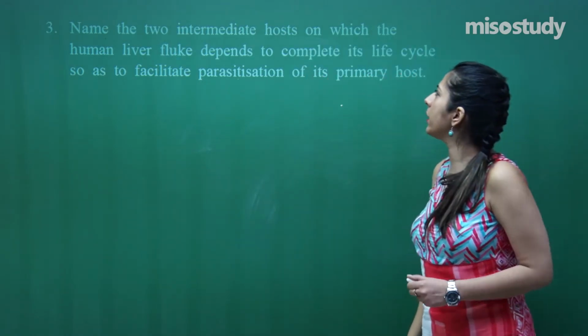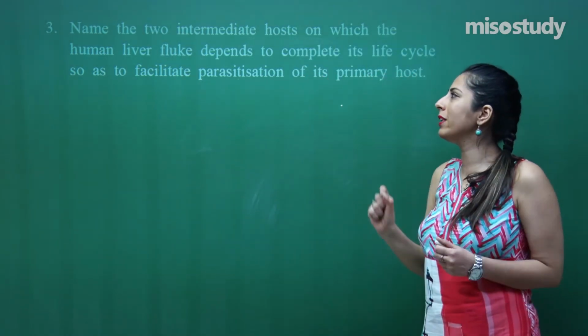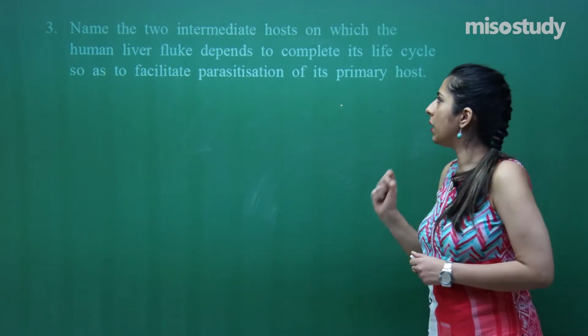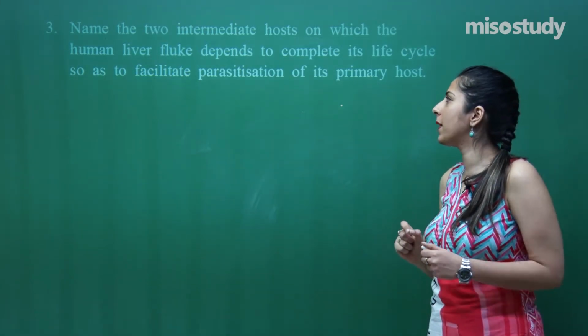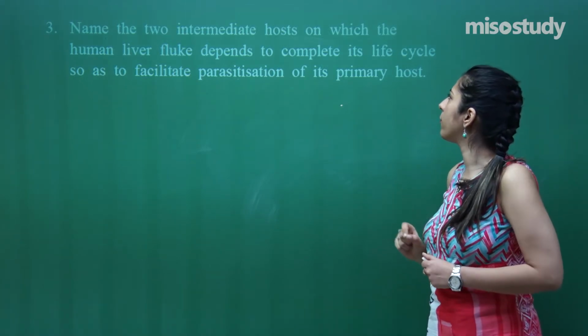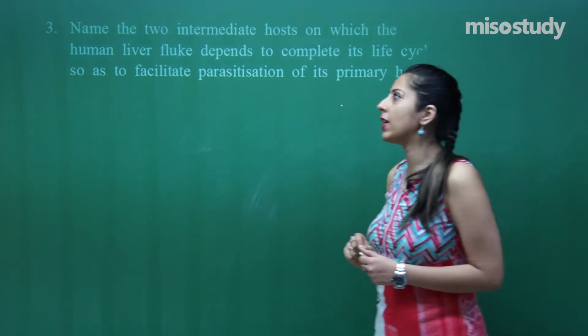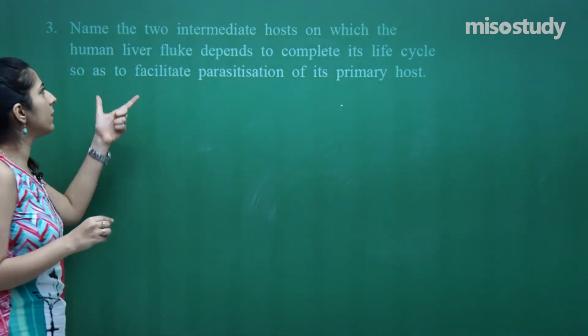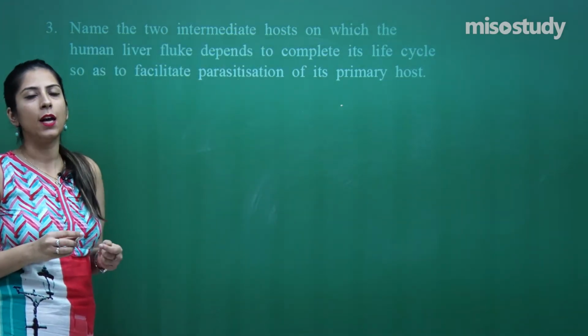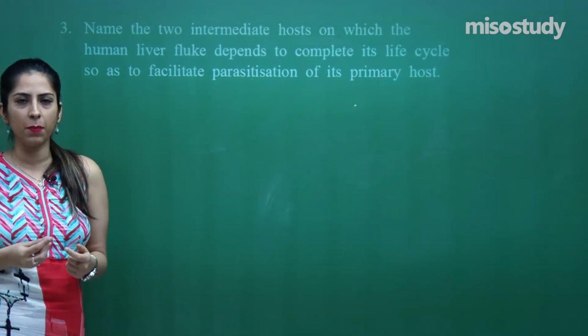Name the 2 intermediate hosts on which the human liver fluke depends to complete its life cycle so as to facilitate the parasitization of its primary host. Here it is written the human liver fluke, that means they are talking about Fasciola hepatica.